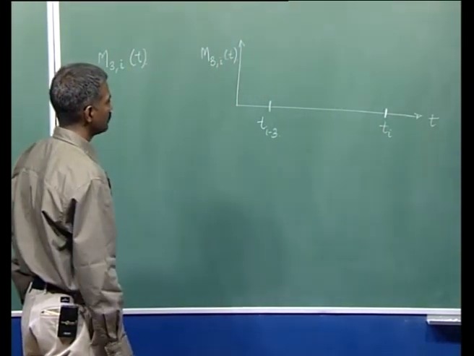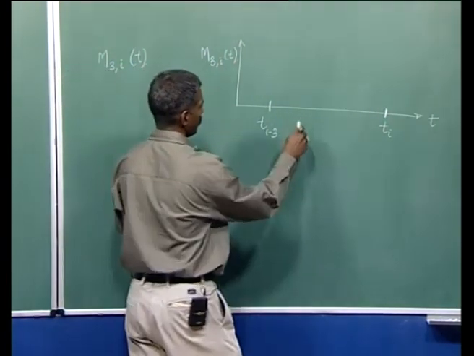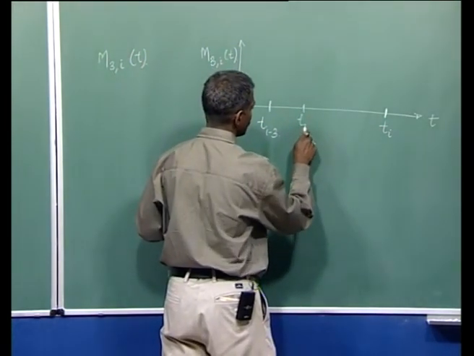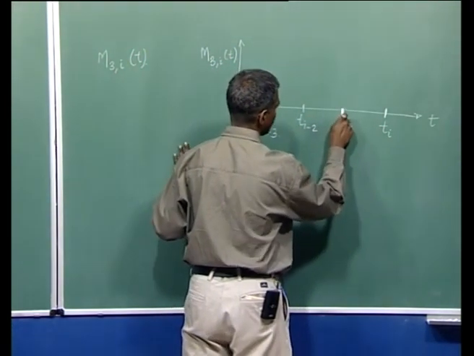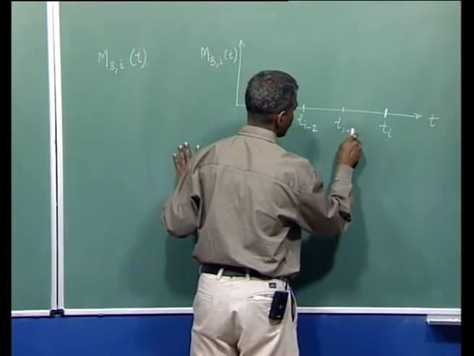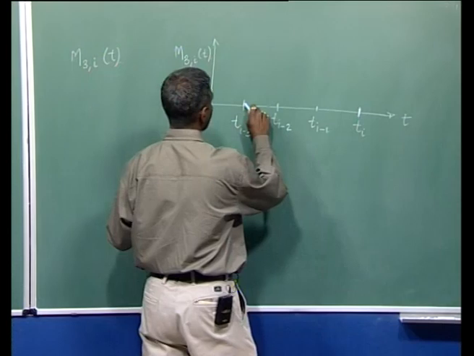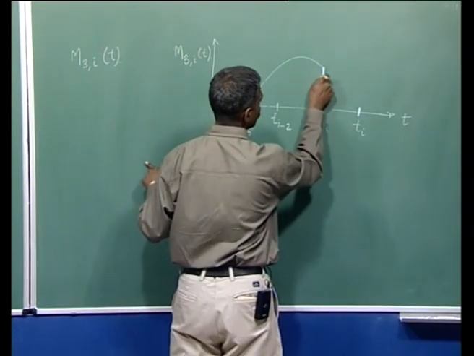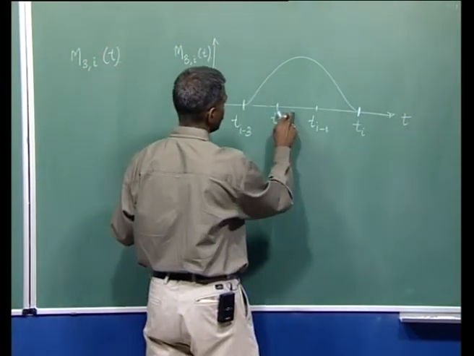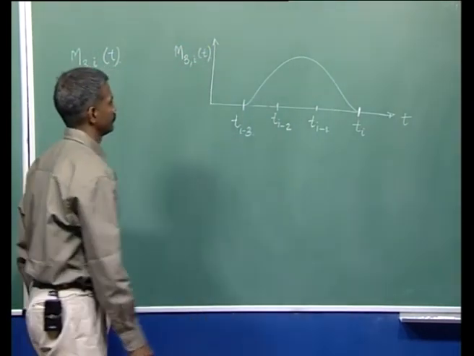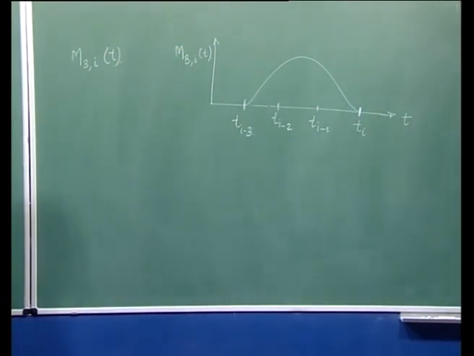How about the intermediate knots? We'll have t_(i-2) and then t_(i-1). And your quadratic spline will be standing over these 3 knot spans. It's not very difficult to understand.